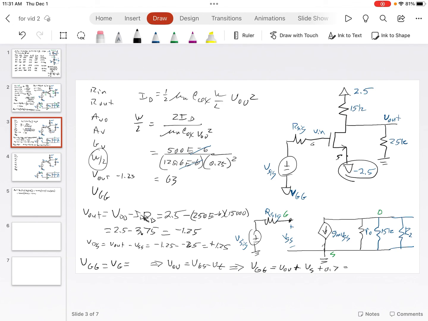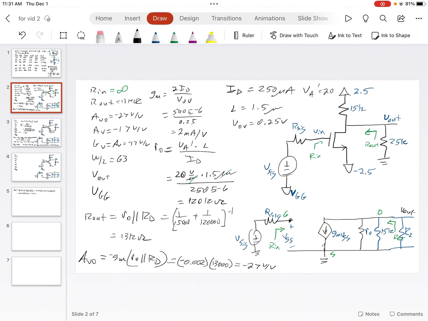It's actually minus 2.5 is VS. So we've got 0.25 minus 2.5 plus 0.7. Add that up, we get minus 1.55 volts. So that solves the whole common source.